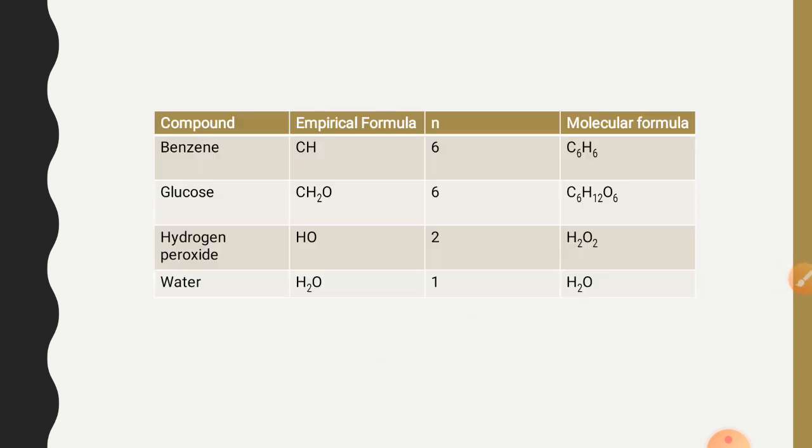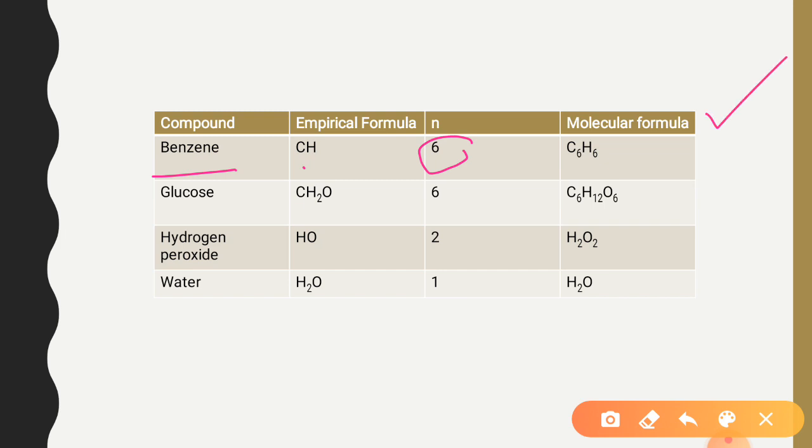To make your concept clear, I have drawn a chart for it. Number 1 compound is benzene. Empirical formula is CH. If you multiply this empirical formula with n, you will get molecular formula C6H6. Molecular formula shows the actual number of atoms present, whereas empirical formula shows the whole number ratio.